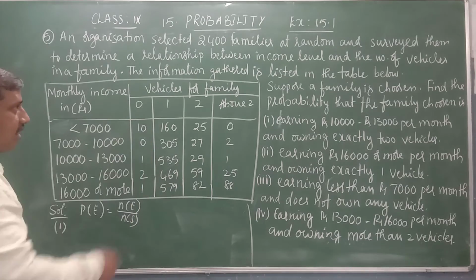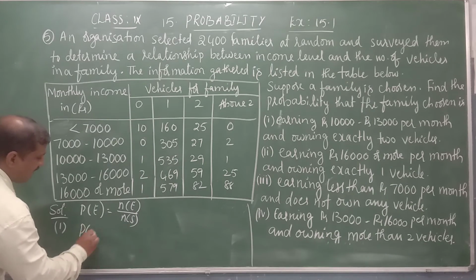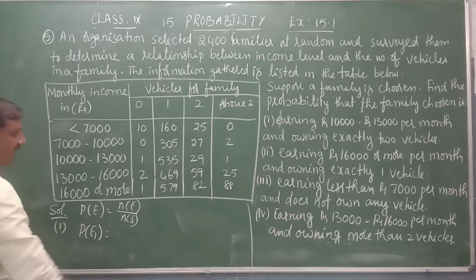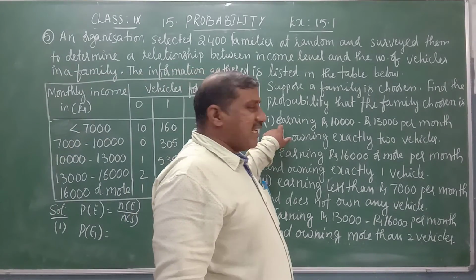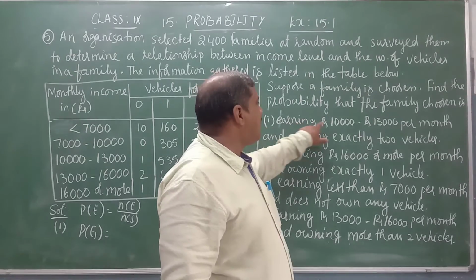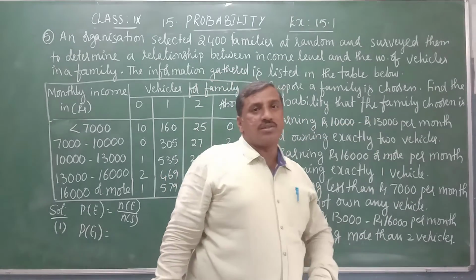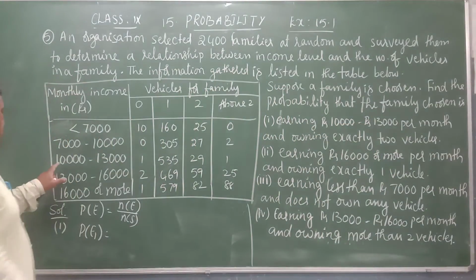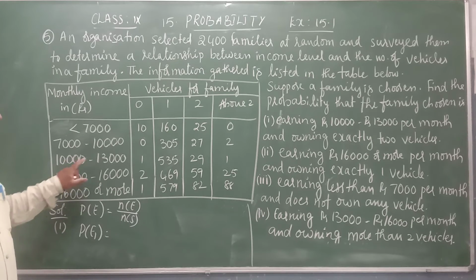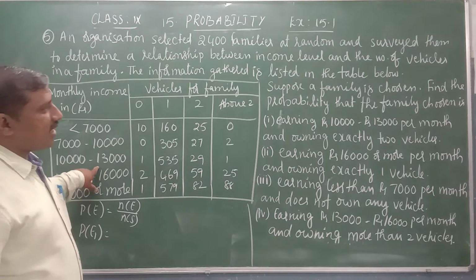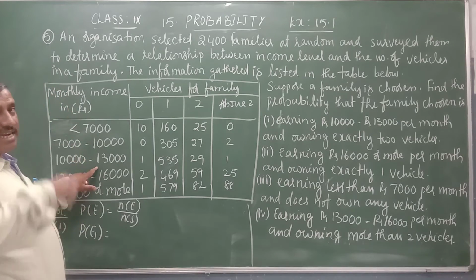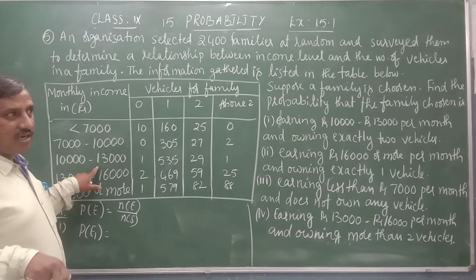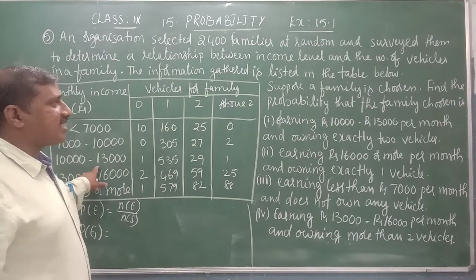First, I am taking the events E1, E2, E3 and E4. P of E1: the family chosen is earning 10,000 to 13,000 per month and owning exactly 2 vehicles. Identify how many favorable outcomes there are for that event.